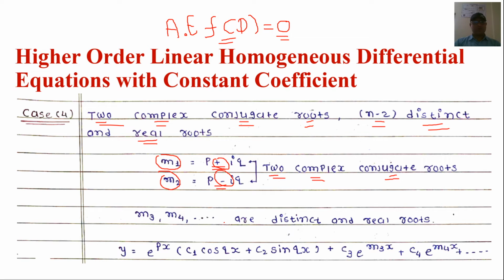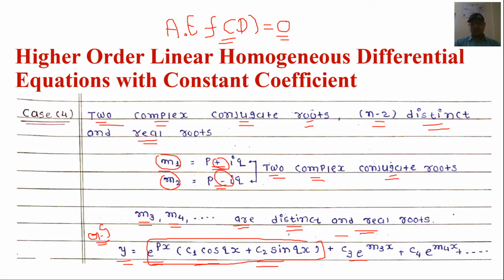And also suppose we have m3, m4 up to the nth roots as distinct and real roots. Then in that case the general solution, GS, is given by y is equal to e raised to px into c1 cos qx plus c2 sin qx, plus, now this first part is for the complex conjugate roots.